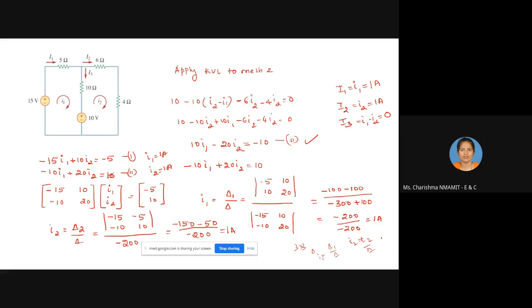For delta 2, replace the second column with the right hand side coefficient. Similarly, in order to find I3, you have to replace the third column by the right hand side coefficient and find the determinant. Delta 3 by delta will give you the value of I3. I hope it is clear. Yes or no? Application of Cramer's rule.